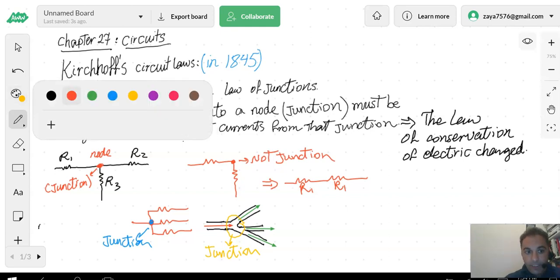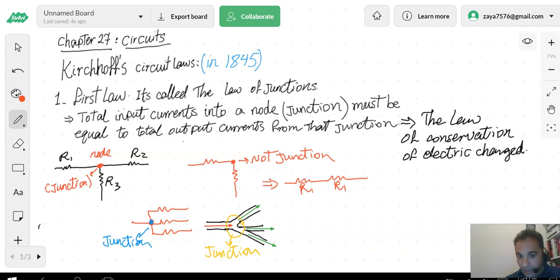Therefore, your total input, the red one, let's call it I1. I1 will be equal to I2 plus I3 plus I4. Let's call this one I2, this one I3, and this one I4.